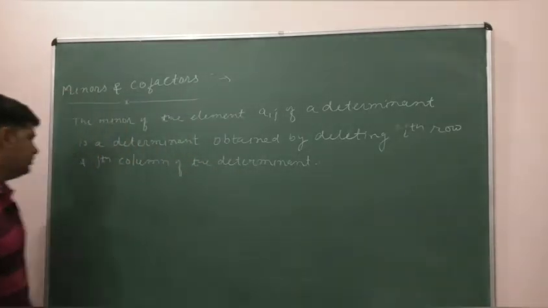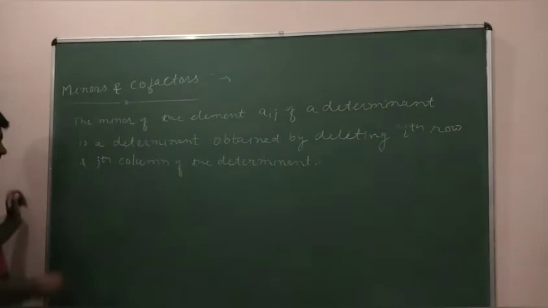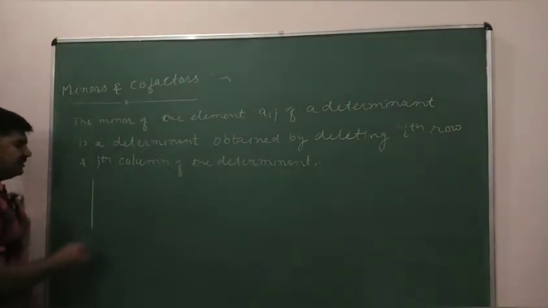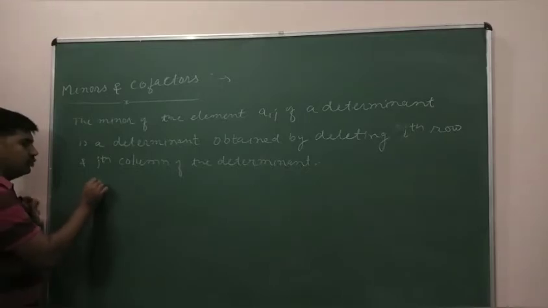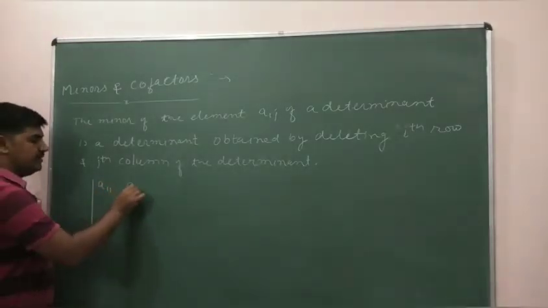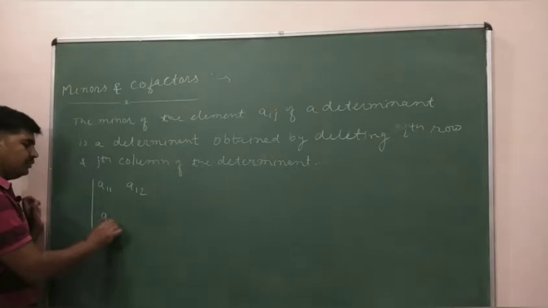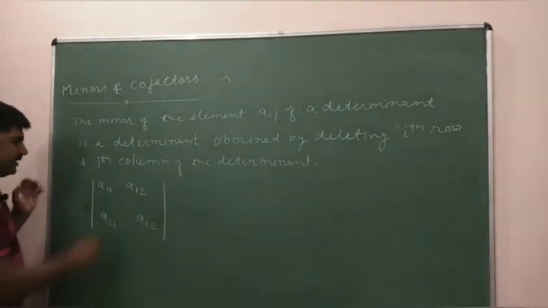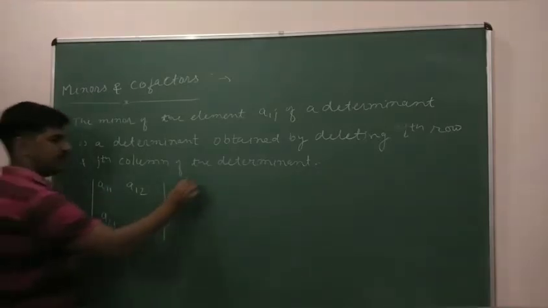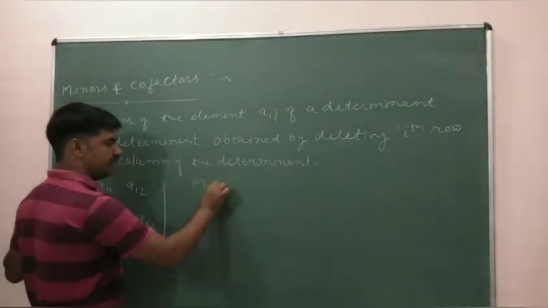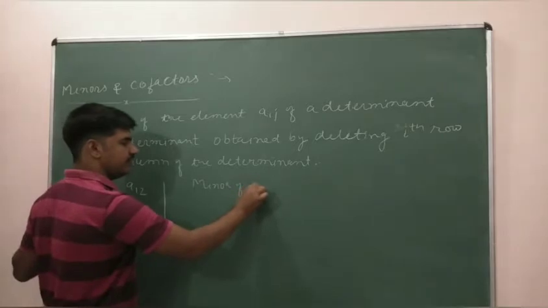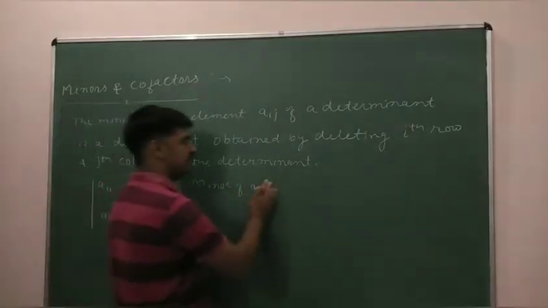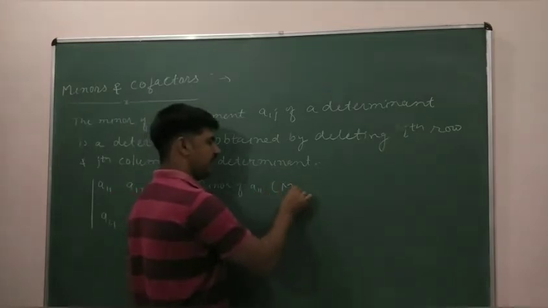So here we go. Let us take some example, students. Suppose there is a determinant of order 2, then the elements are a11, a12, a21 and a22. The minor of a11 is denoted by M11.